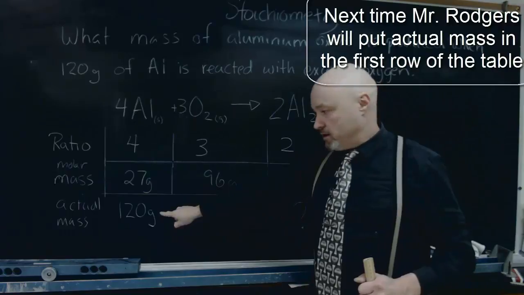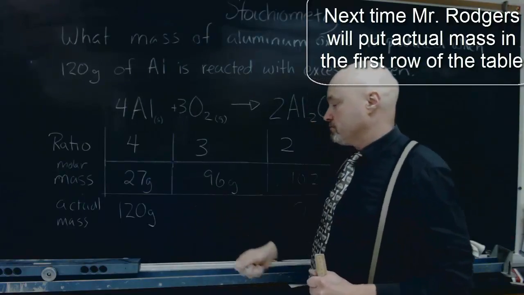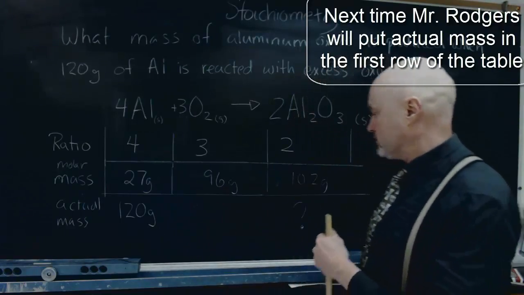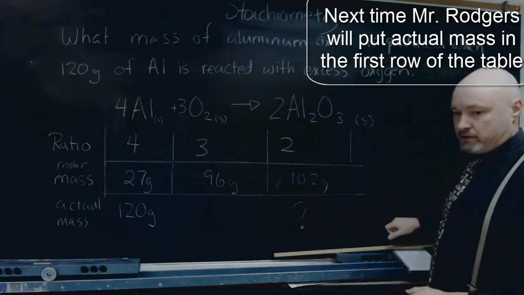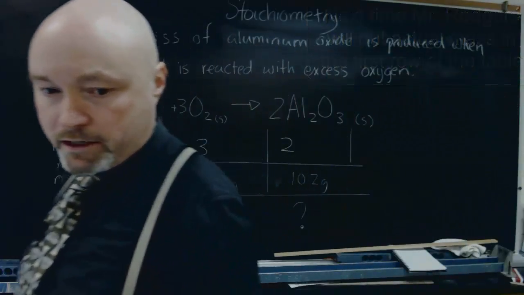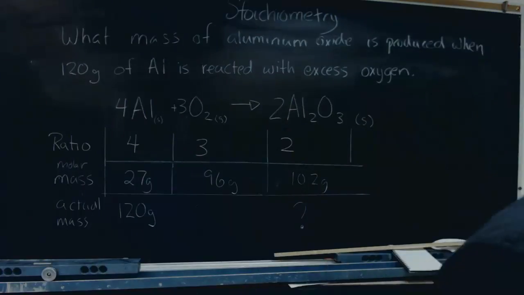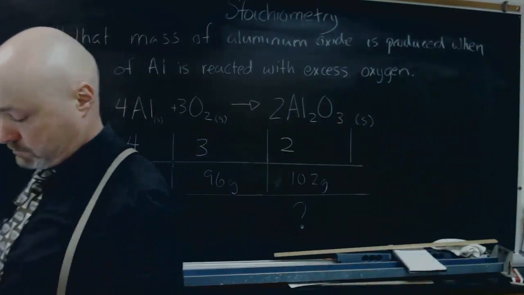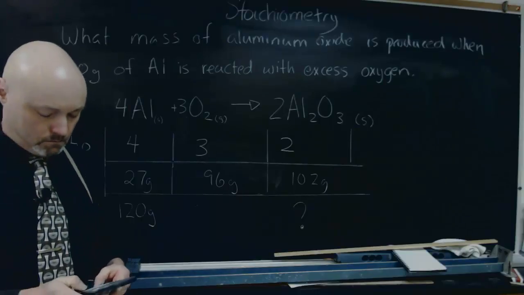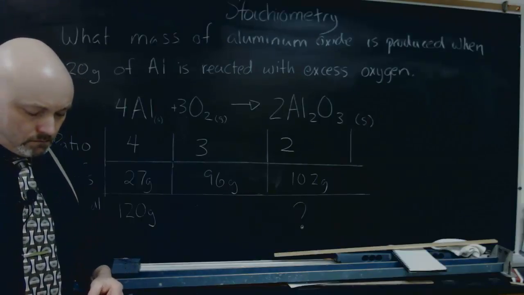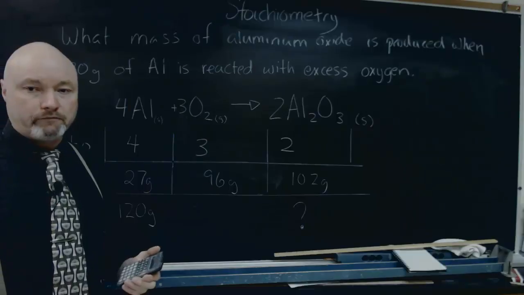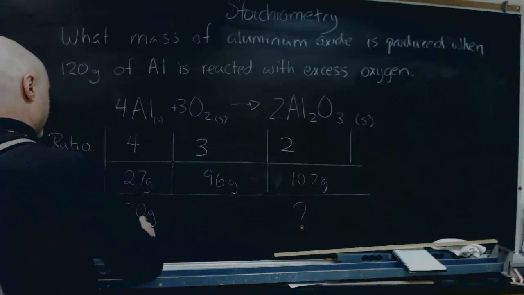Obviously, I have more than 1 mole of aluminum. I'm going to figure out how many moles of aluminum I have just by doing that one calculation, 120 divided by 27. 4.44 moles.